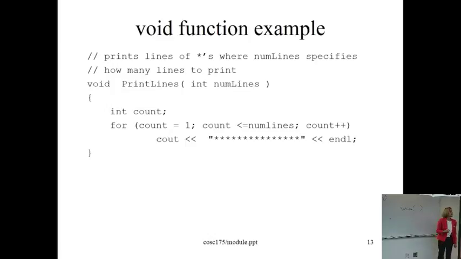What is print lines waiting for? What is print lines waiting for inside the argument list? Number of lines. Number of lines, but even more specifically, it's waiting for an integer. That's really all it cares about. You send me an integer, okay? And it will use it as a line.